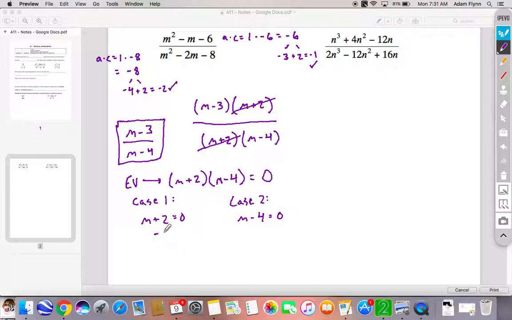If I solve for m for both of these, subtract 2 from both sides, I get m equals negative 2. And if I add 4 to both sides, I get m equals 4. So as part of my excluded values, m cannot equal negative 2 or 4.